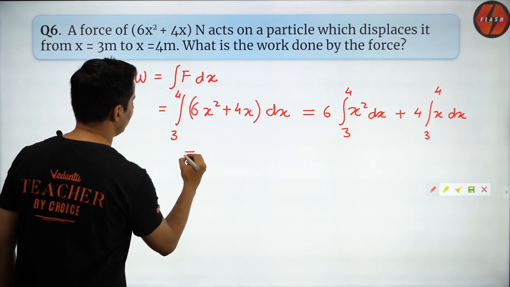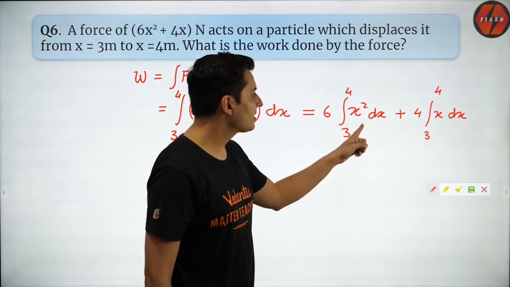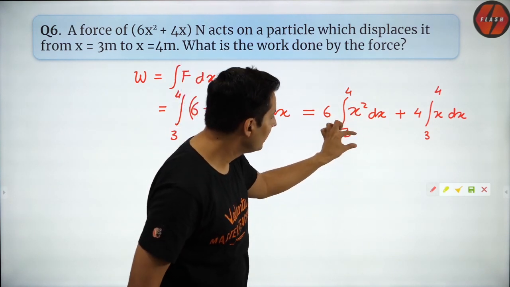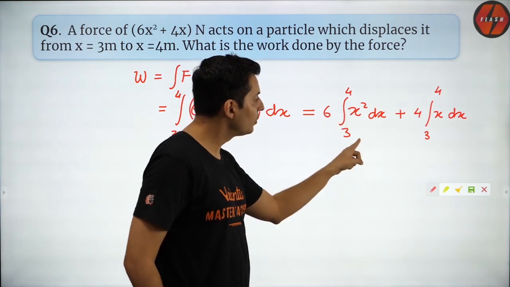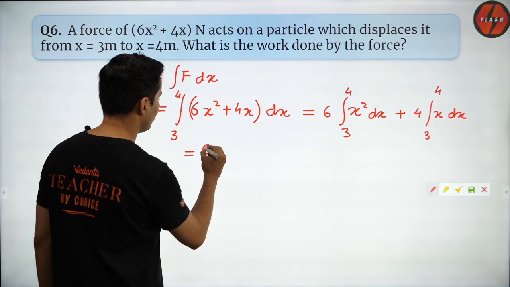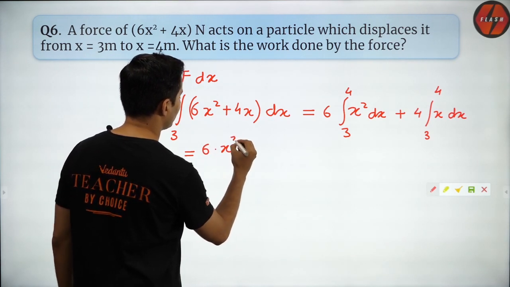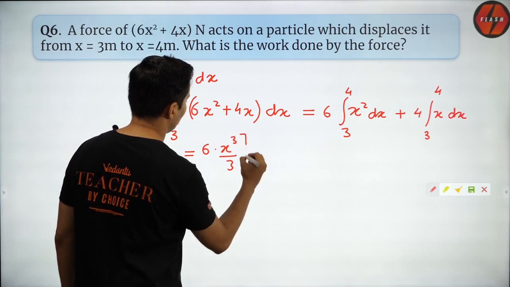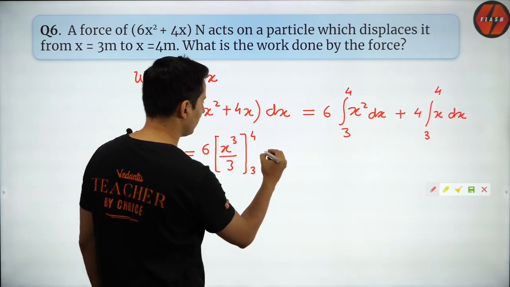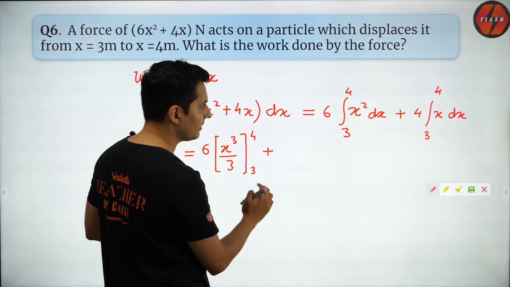Now just do the integration, it's not that difficult. X square's integration: increase the power by 1 and divide by the same number. So x cubed by 3, using the formula for x raised to n. So it will become 6x cubed by 3, but I'll put the limits later.